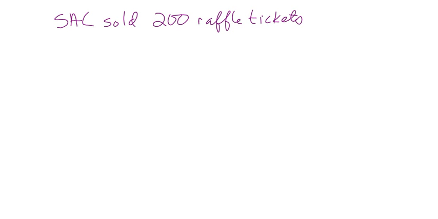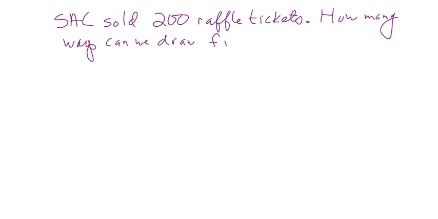Okay, so Student Activity Council sold 200 raffle tickets. How many ways can we draw first, second, and third prize? Okay, are first, second, and third prize distinguishable?